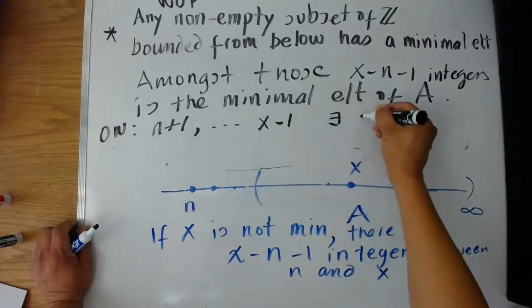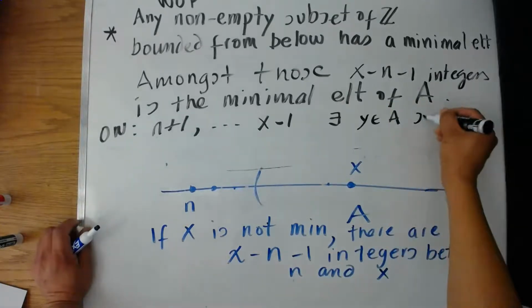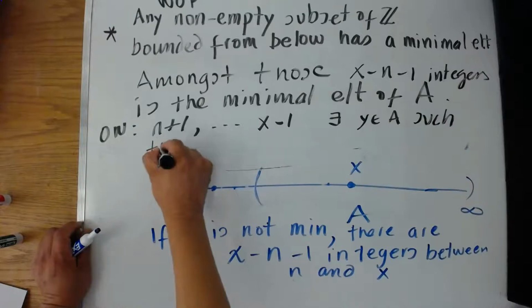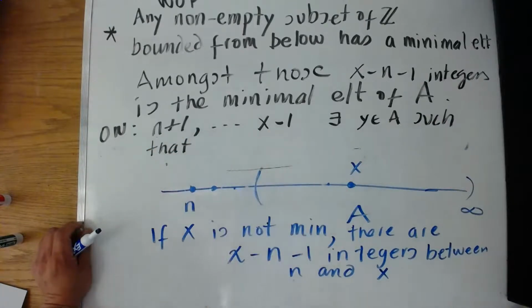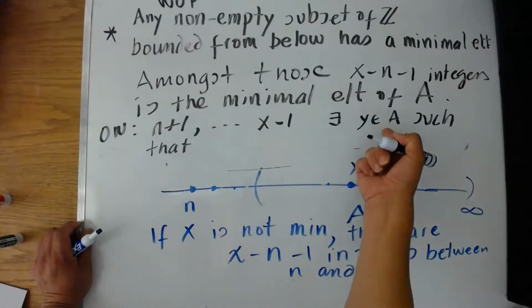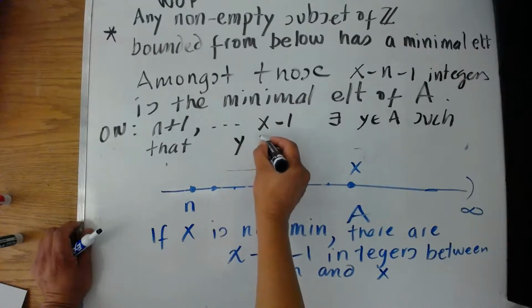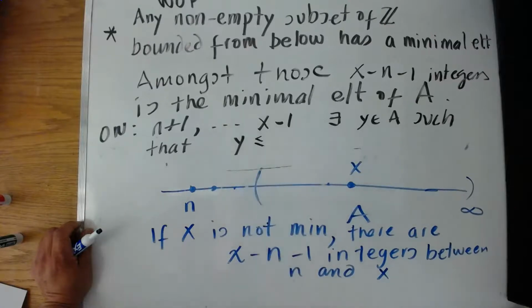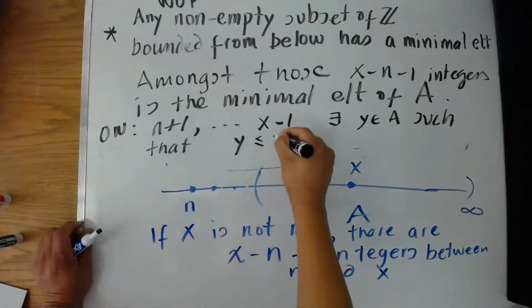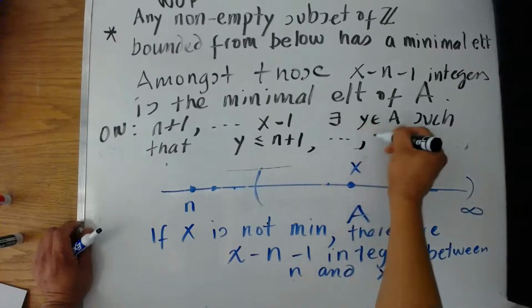So there is an element y in A such that each of these is not going to be less than y.